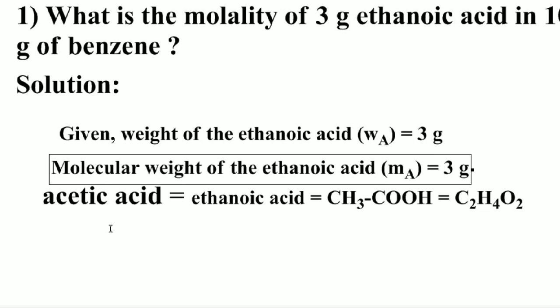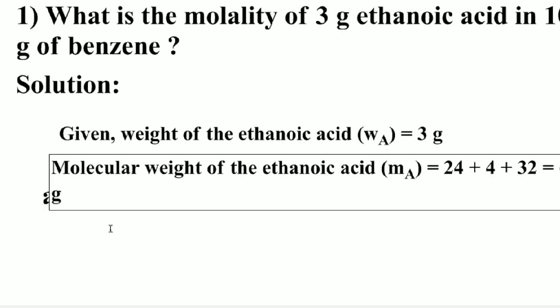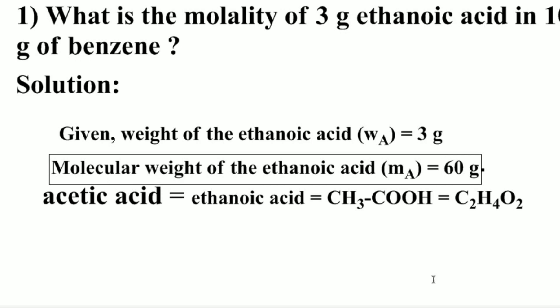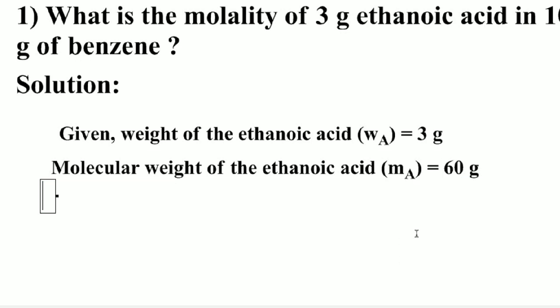So 2 carbon atoms, 4 hydrogen atoms and 2 oxygen atoms. So 24 plus 4 plus 32, that equals 60 grams. So 60 grams is the molecular mass of acetic acid.